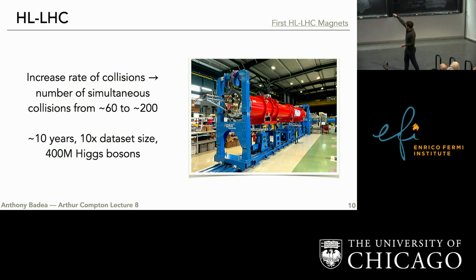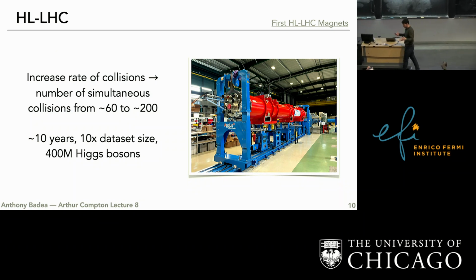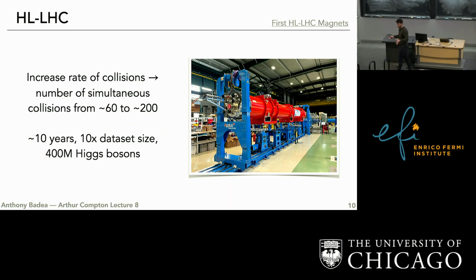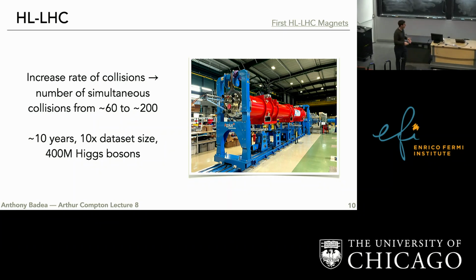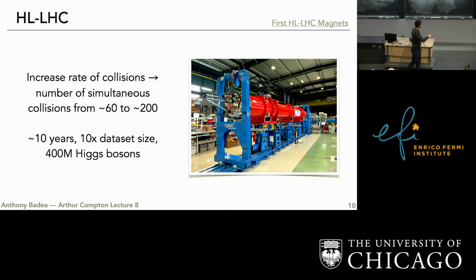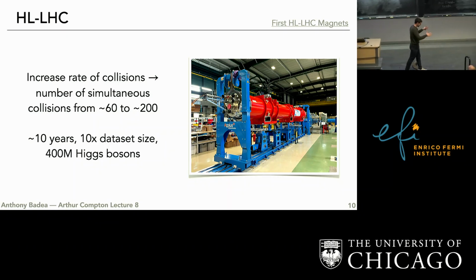So I've talked about this in passing quite a few times. The high luminosity LHC: the LHC right now, the Large Hadron Collider, is in its third run, so we're taking lots of data with it. But as we're taking data, there are magnets being shipped. This is a magnet shipped from nearby Fermilab to Geneva, and this is in a warehouse right on CERN campus.